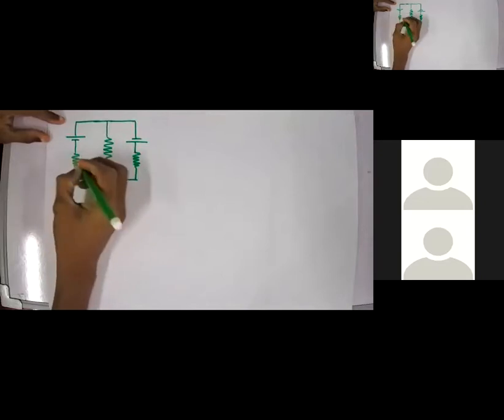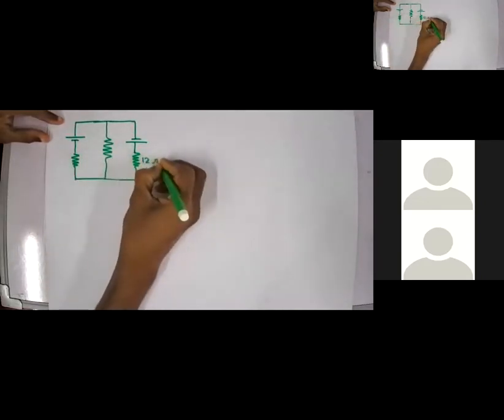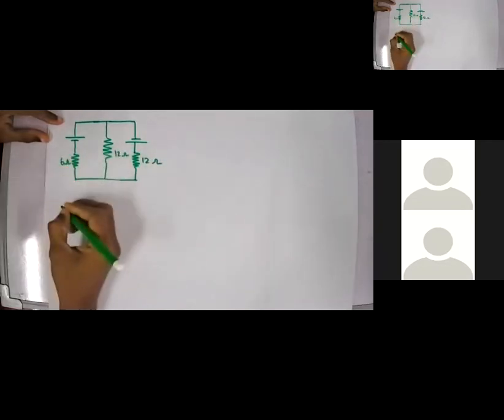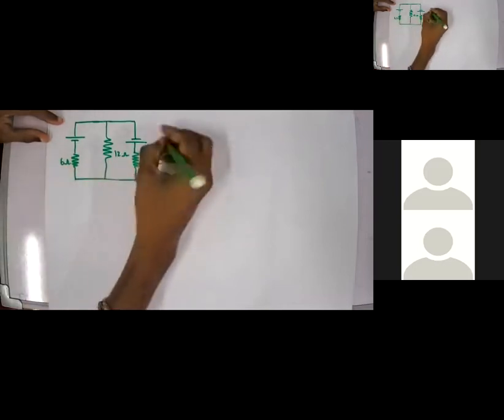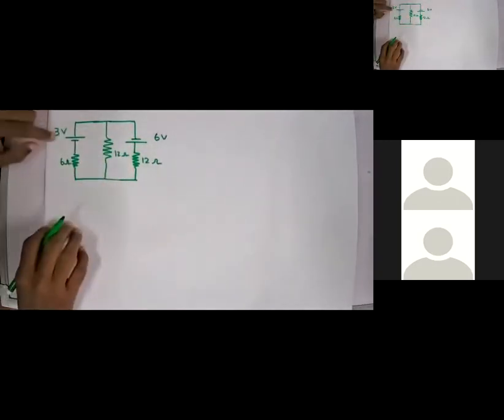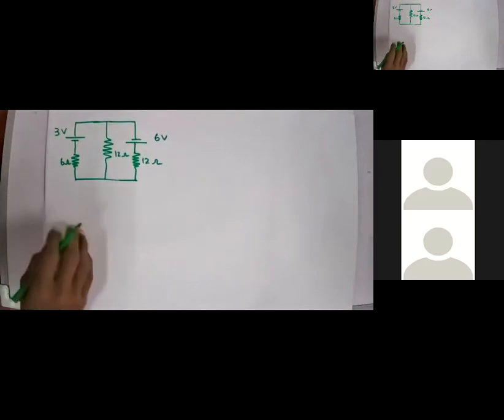So this will be 12 ohms, 12 ohms, and 6 ohms. So 12, 12, 6, and this is 6 volts and this is 3 volts.